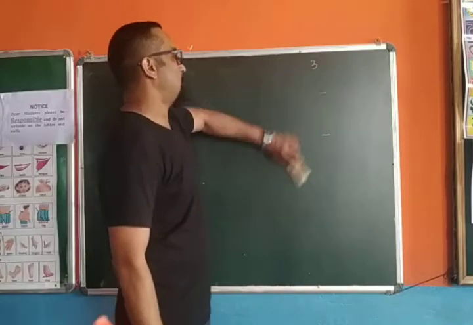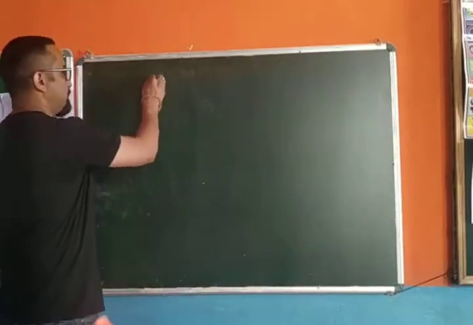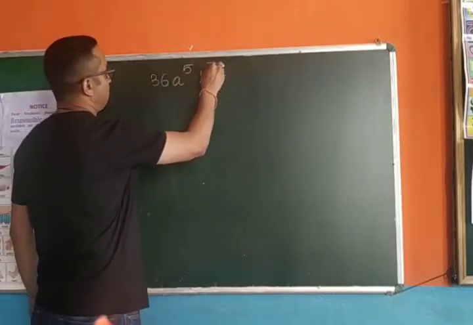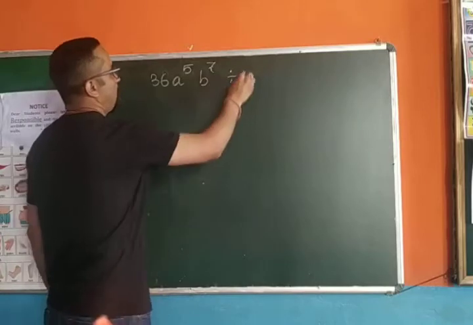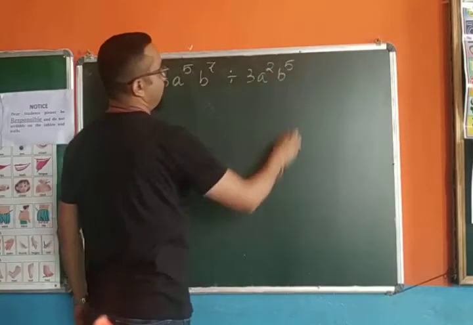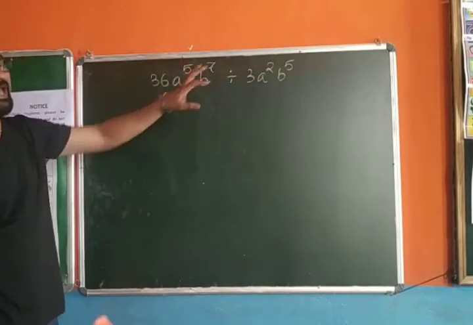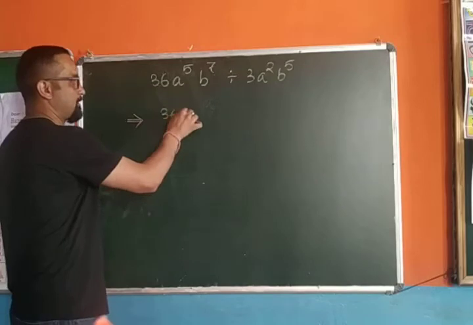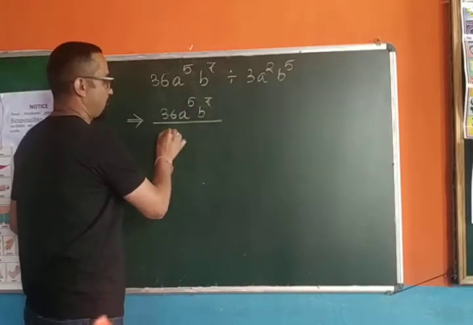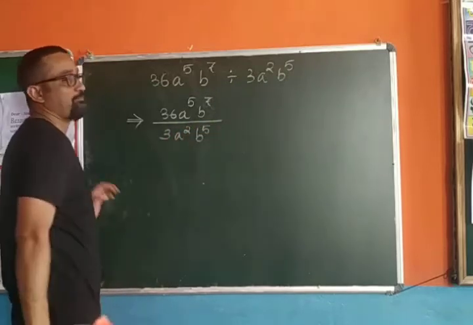Look at the application of the formulae. 36 a to the power of 5 b to the power of 7 divided by 3 a to the power of 2 b to the power of 5. You have to write these two in fraction. 36 a to the power of 5 b to the power of 7 over 3 a to the power of 2 b to the power of 5.